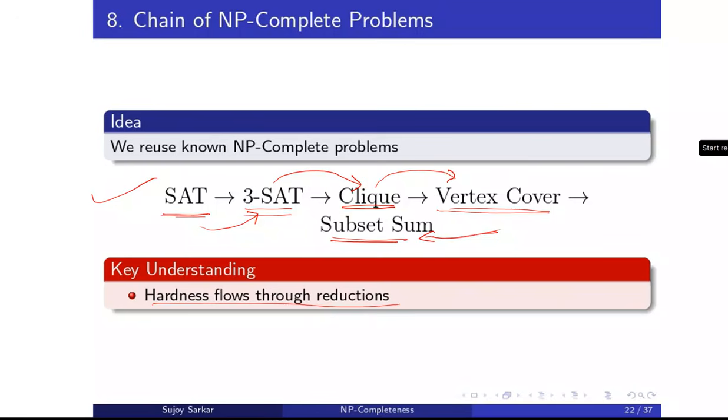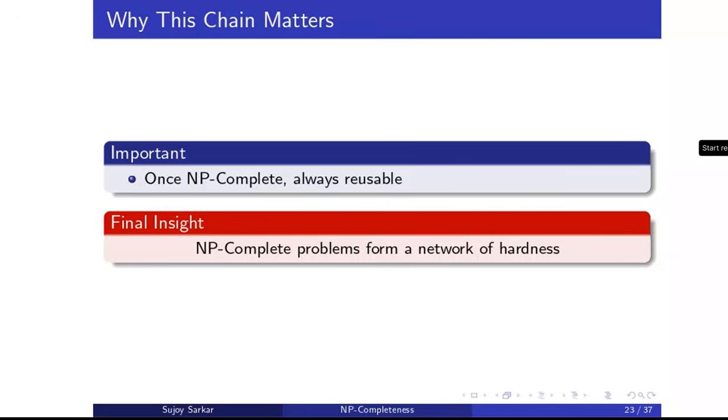Okay. So look at one example where we'll assume that the 3 SAT problem is NP-complete and we'll reduce it to the Clique problem. That way we'll prove that Clique is also NP-complete. So once we prove a problem to be NP-complete, we can always reuse it to prove any other problem as NP-complete. So it forms a network.